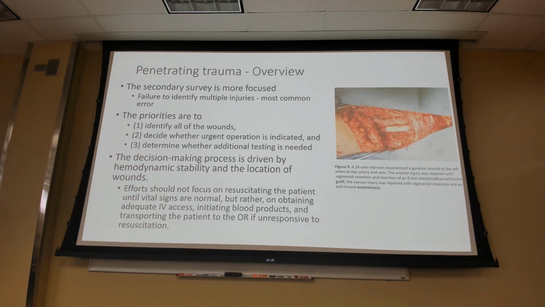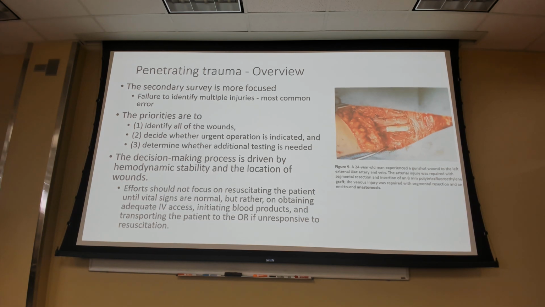So we're going to start off with penetrating trauma first. This is typically a more focused exam if we can identify the actual wounds they have, whether it's a GSW to the leg, a blast injury somewhere, or a GSW to the chest. That sometimes makes it easier, but it's still going to be very difficult. A lot of times we may still get a complete pan scan.